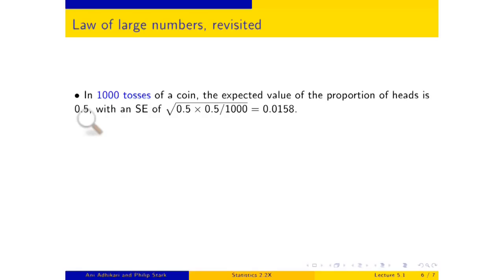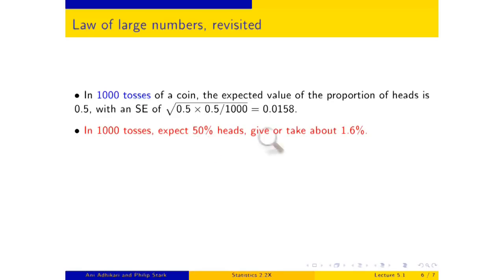And now I can put a plus or minus on it with a standard error of the square root of fraction of ones times fraction of zeros divided by the sample size. And that's about 1.6%. And so in words, what I've said is, if I toss a coin 1,000 times, I expect 50% heads, give or take about 1.6%, say about 1.5% is what I expect.